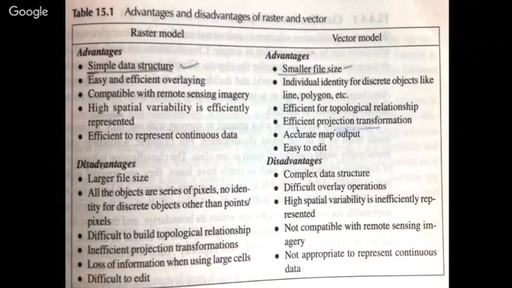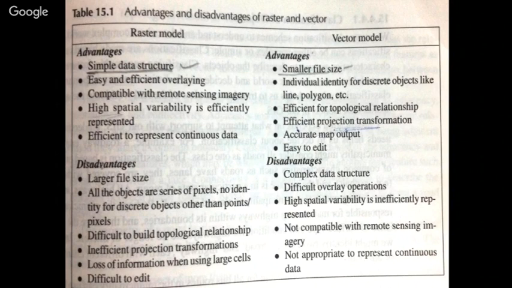So here we are over with the raster and the vector model. Now we will talk a bit about their advantages and disadvantages. First, the raster model. It has a simple data structure, very simply defined, and easy and efficient overlaying, which I discussed, how different sets of images can be overlaid and analyzed much more easily.